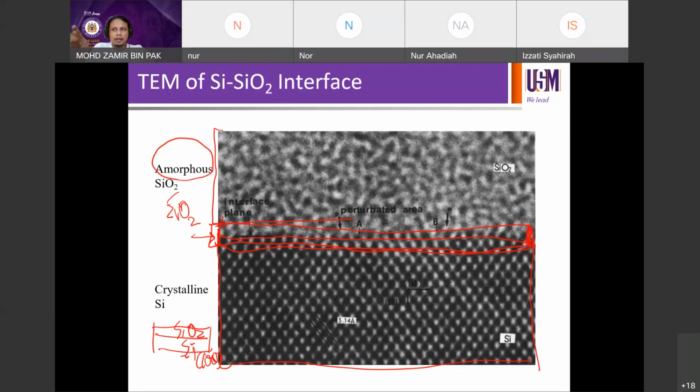Then in your semiconductor devices, depending on materials and devices, you probably have a transition from mono to amorphous. In some cases, mono to poly. In some cases, mono to another mono. Possible also. So this is only one example of the many more possible examples.